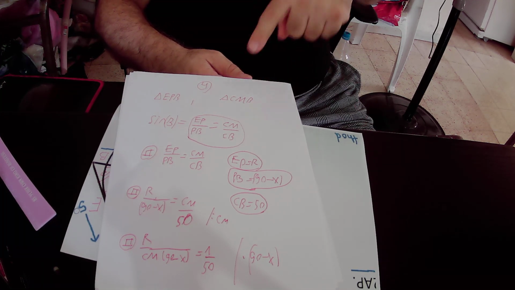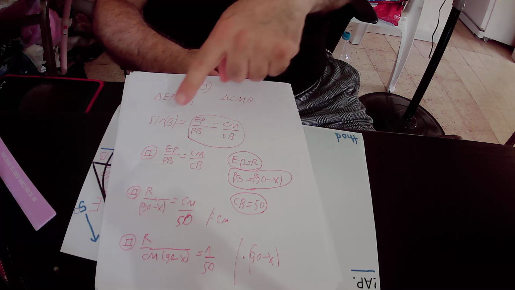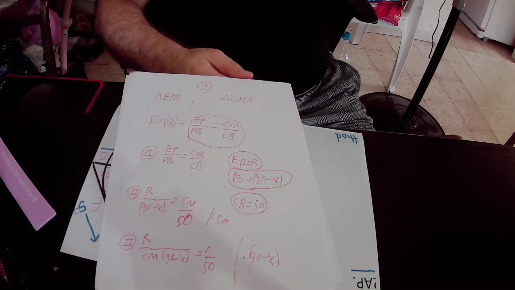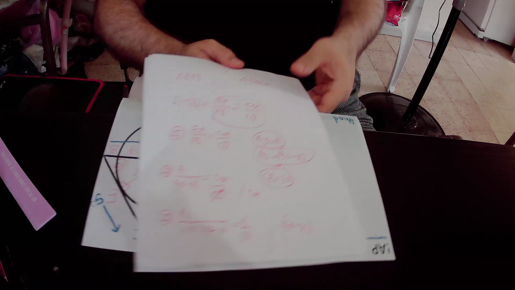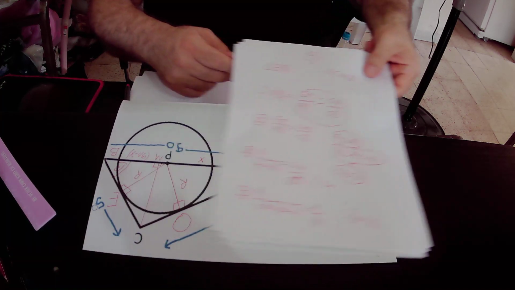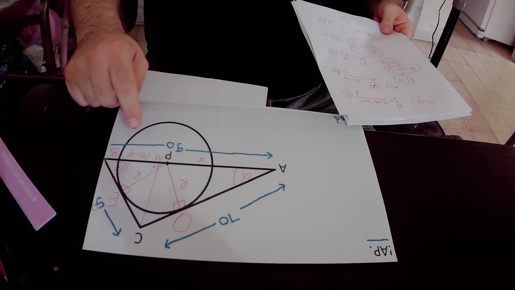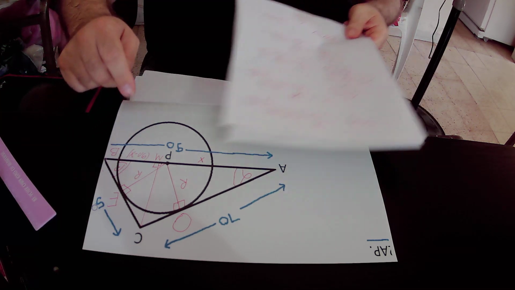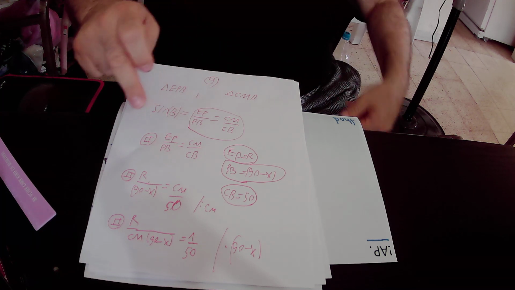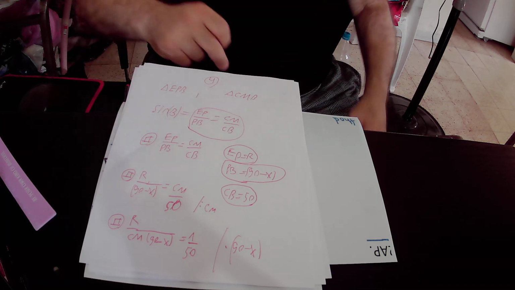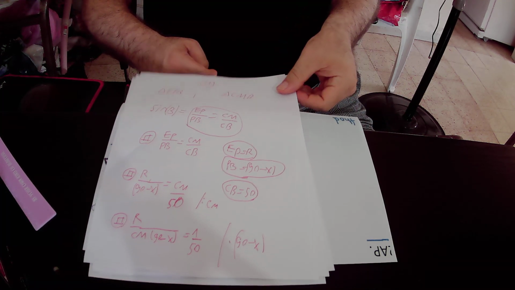And again we copied this equality and called it equation number 2. But we know that PE equals R, and also PB equals 90 minus X, and CB equals 50.